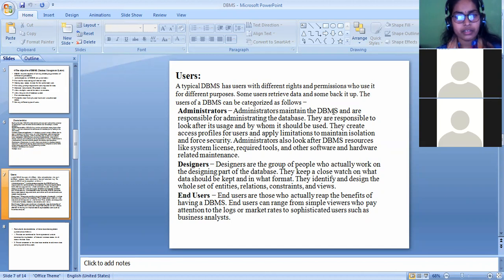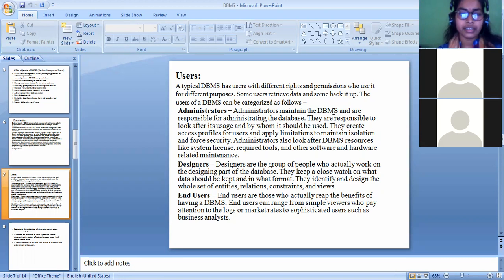As well as that, the administrator looks after the DBMS resources like system license, required tools and other software and hardware related maintenance also. Means the administrator also handles the software hardware maintenance, the required tools, and what type of license of that website or system.